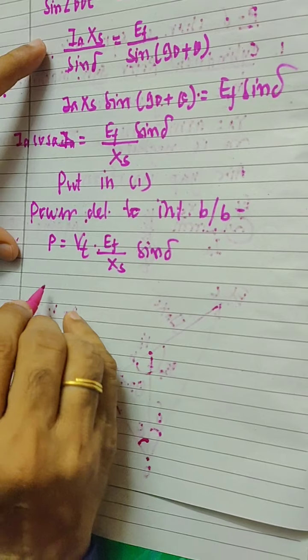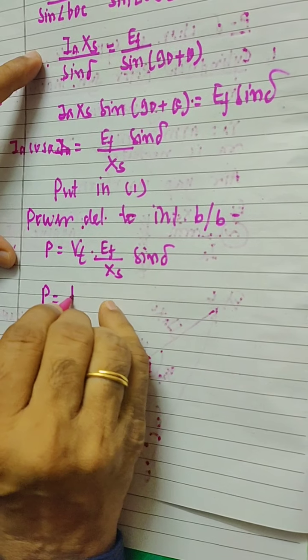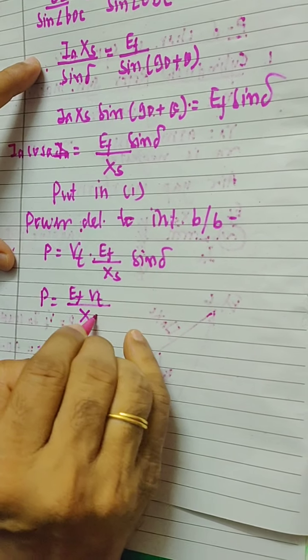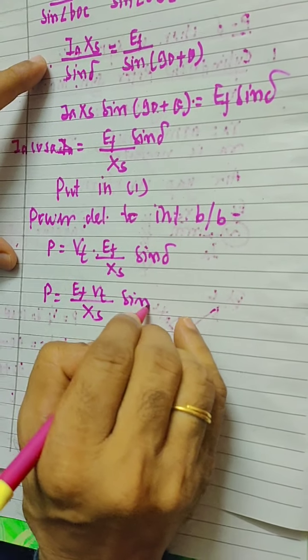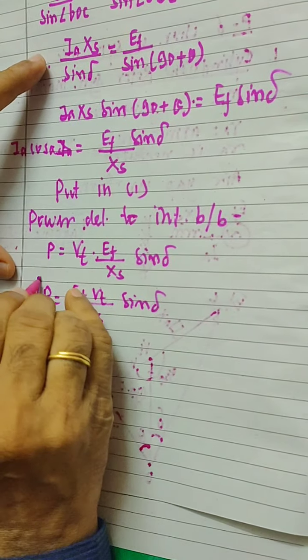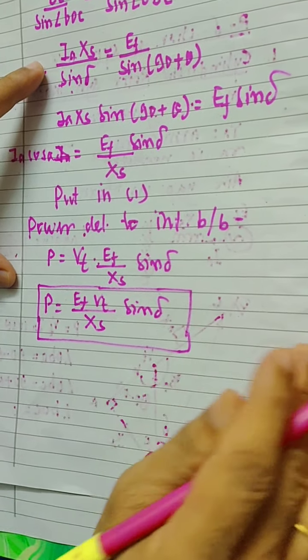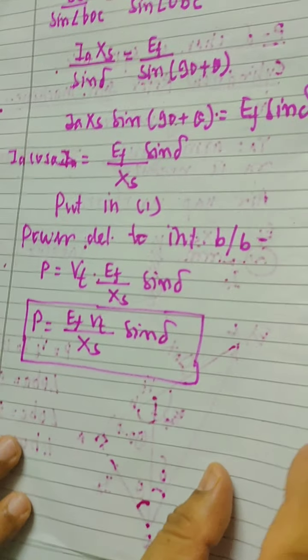So this is the power delivered. This equation is called the power angle equation of the synchronous machine.